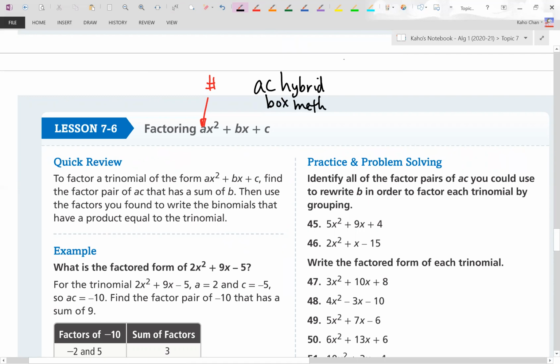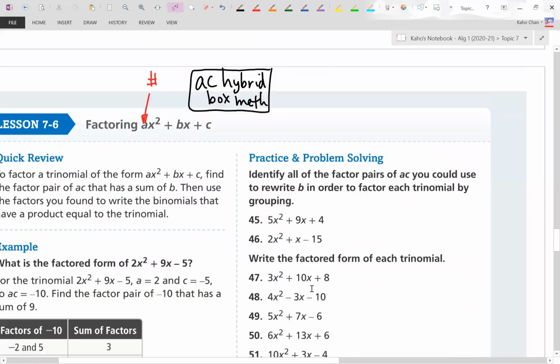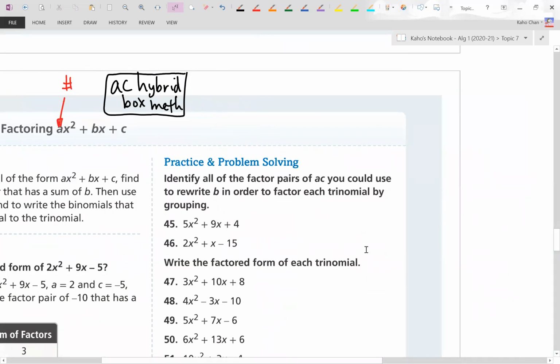There are 5 steps. Please jot this down. Do it a few times, you'll get used to it, and then it'll be much easier.